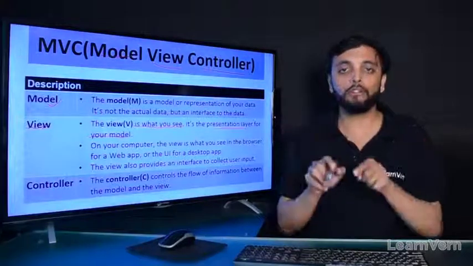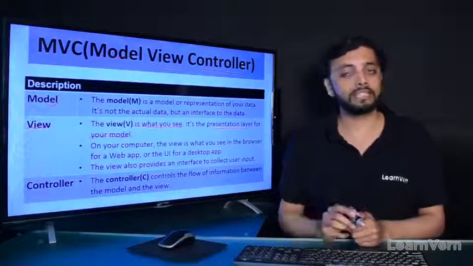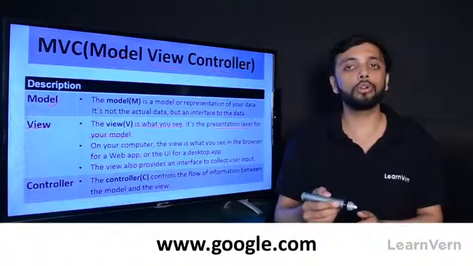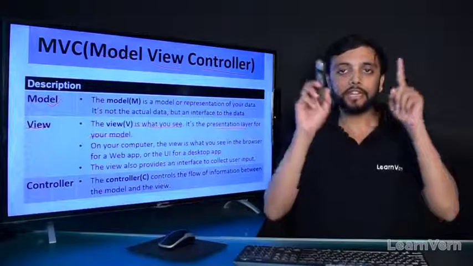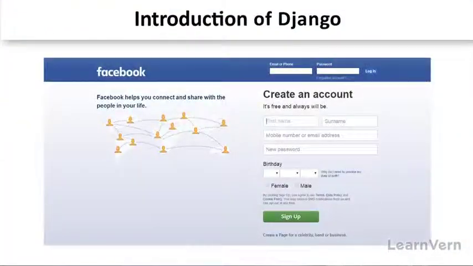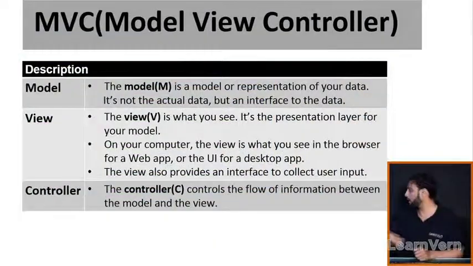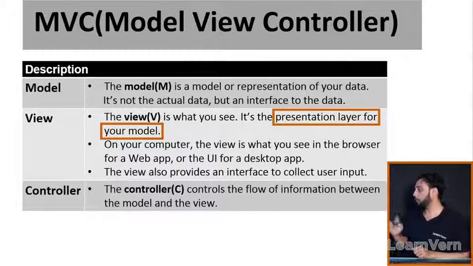When we open a website by hitting any URL, just like www.google.com or www.facebook.com, what we see is the view of that website or web application. So view provides the presentation layer for your model.